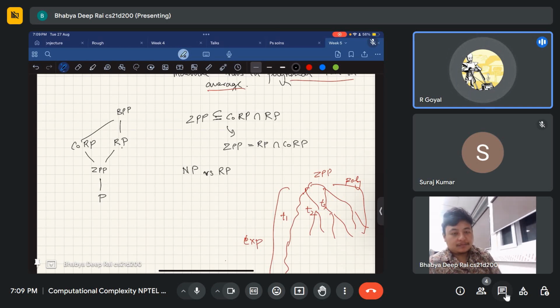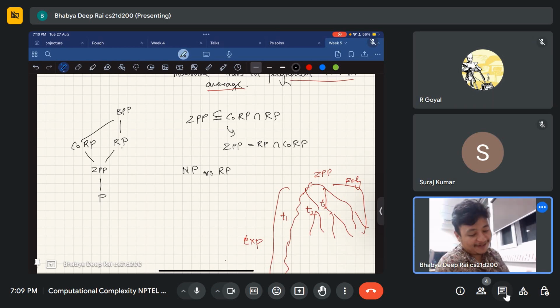So for strings not in the language, NP and RP are both the same. And for the strings which are part of the language, NP requires probability greater than 0, whereas RP requires probability greater than or equal to half. So therefore RP would be contained in NP.